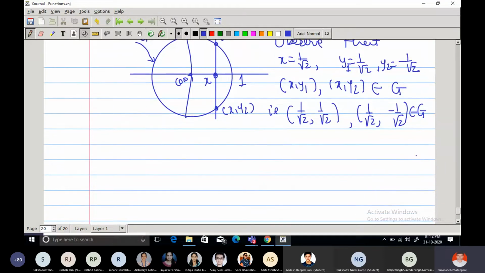Why? Because for 1 upon root 2 there are two images, right?